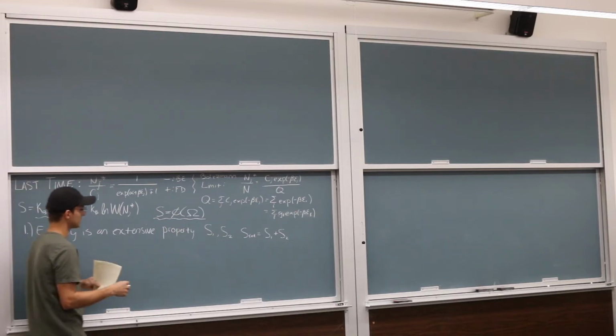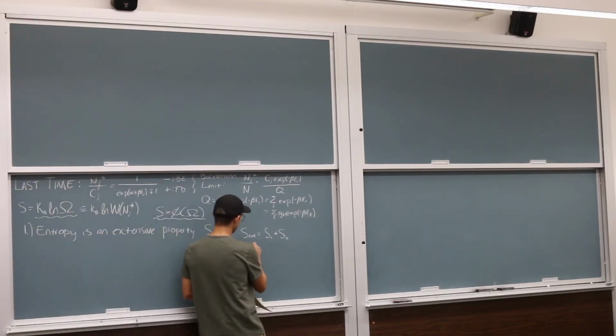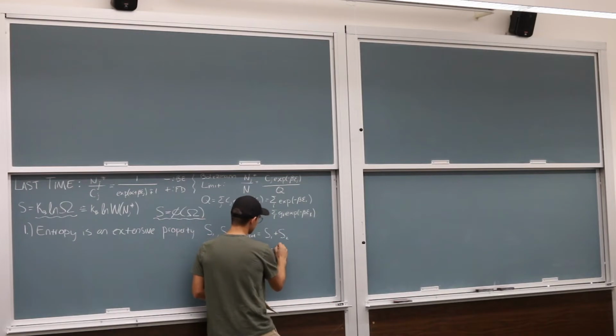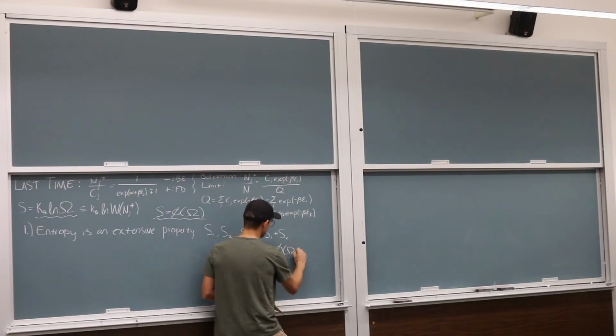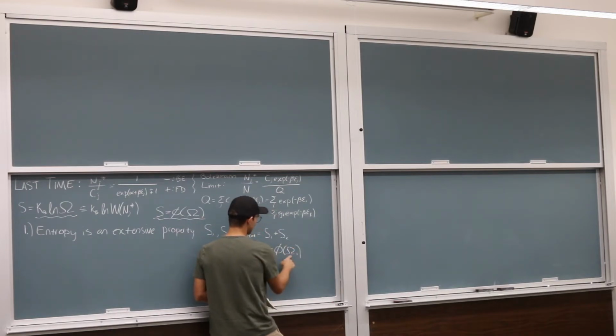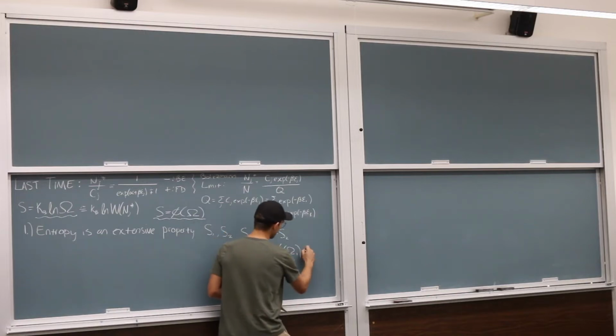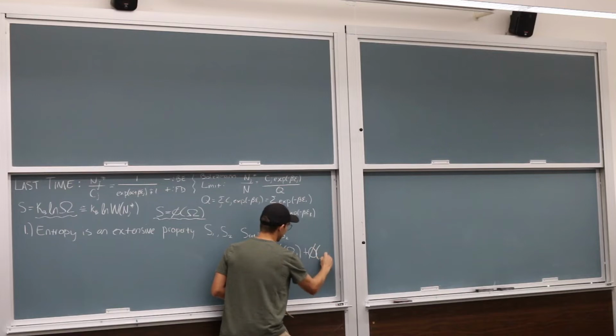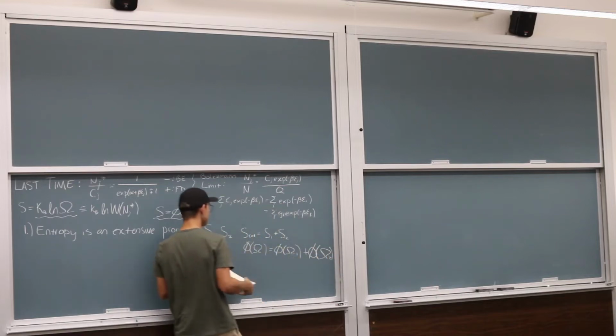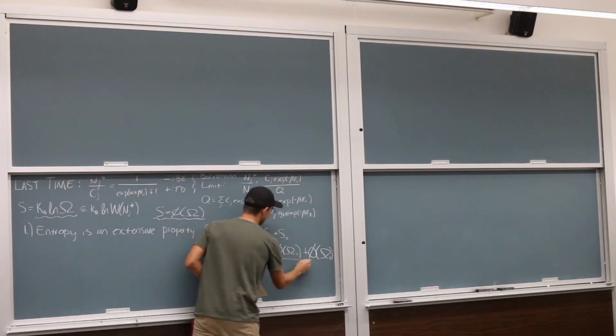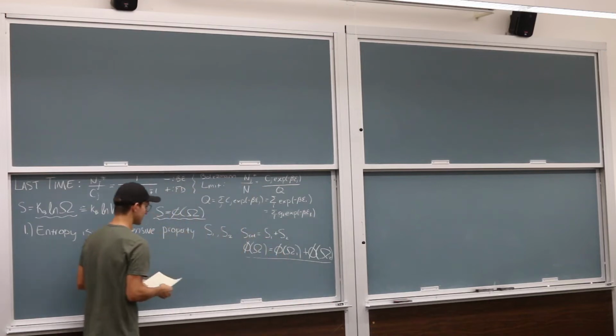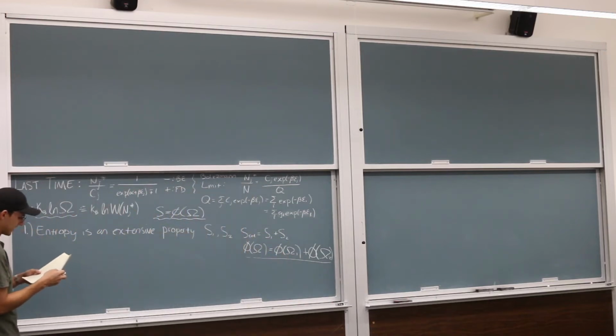So then we can write this as something like the entropy is a function, phi, of the total multiplicity omega, is equal to phi of the multiplicity of system 1 plus phi of the multiplicity of system 2. Okay, so this is our first hint as to what form phi has to take.